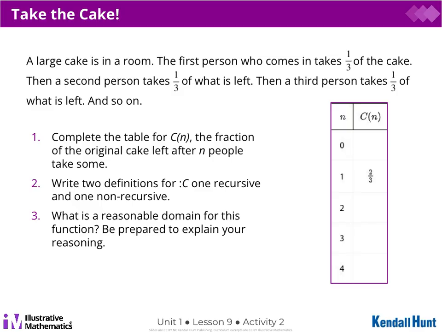So let's start. A large cake is in the room. So you got a large cake, whatever your favorite cake is. I like strawberry shortcake or yellow cake with chocolate frosting, but that's me. Now somebody comes along and takes 1/3 of the cake. And then the next person comes along and takes 1/3 of what is left.